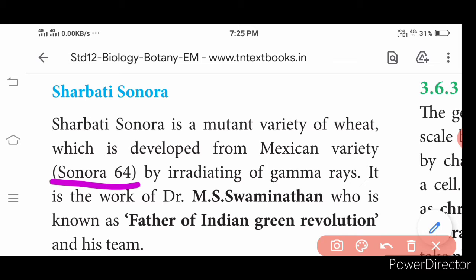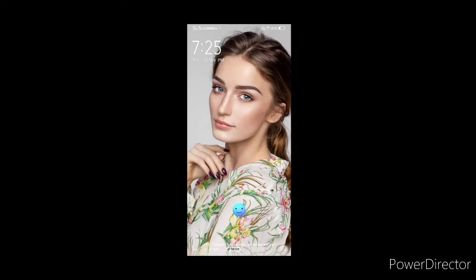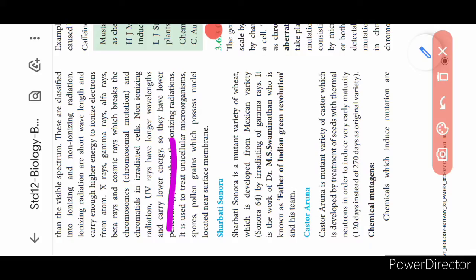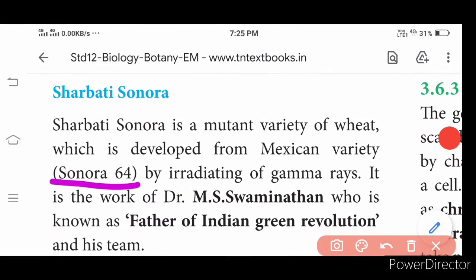We take the Sonora 64 variety of wheat and irradiate it, that is, subject it to radiation. You keep all the seeds and show radiation on top of the seeds. On Sonora 64 seed you are going to show the radiation.